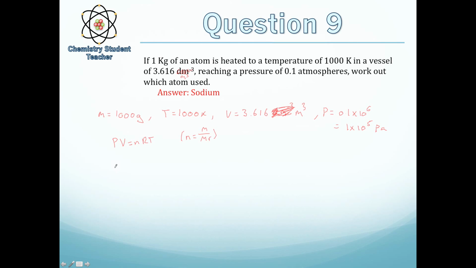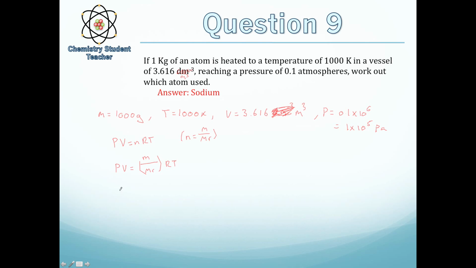So what we can do is actually change this equation around to, instead of number of moles, we could put mass over molar mass times by RT. So all I've done is subbed in the n for mass over molar mass. They're equivalent. So now we can rearrange this to get molar mass on itself.